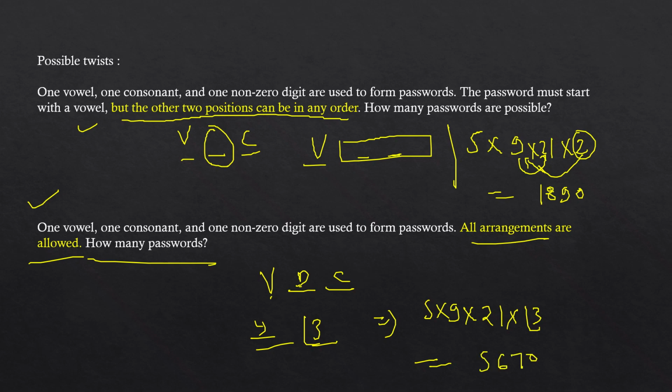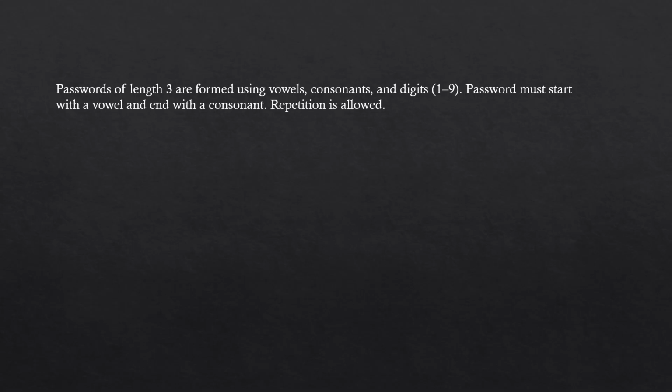One more case. Now one more twist. Similar to our main question, the password must start with a vowel and end with a consonant, but here's the catch. In the middle there is no fixed digit. There's no restriction, so repetition is allowed.